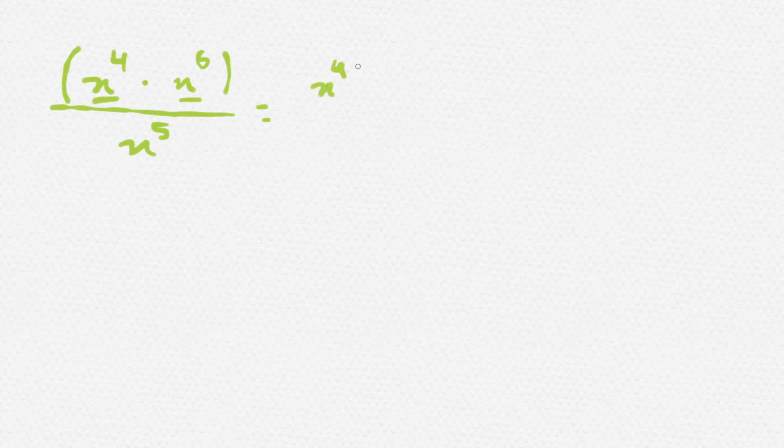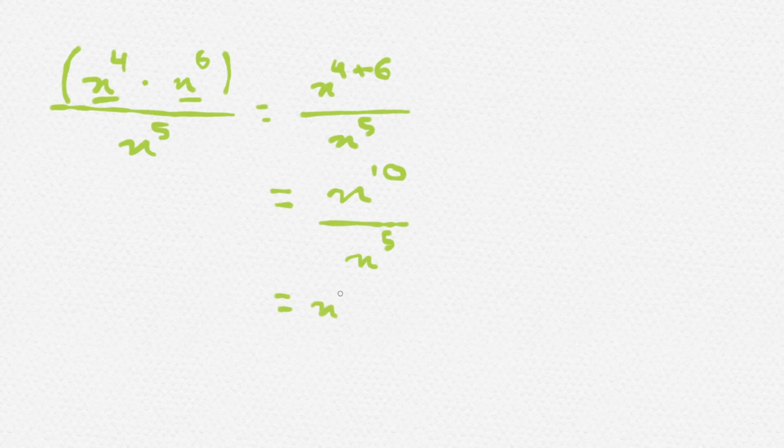Let's try another example. (x to the power of 4 times x to the power of 6) in brackets divided by x to the power of 5. Now, since the bases are the same, we can write x to the power of 4 plus 6 divided by x to the power of 5. 4 plus 6 is 10, so we can write x to the power of 10 divided by x to the power of 5.